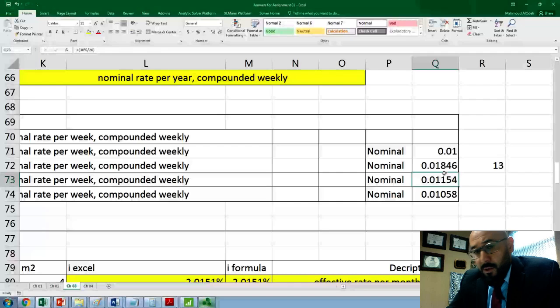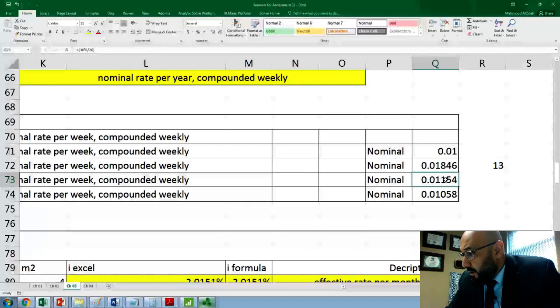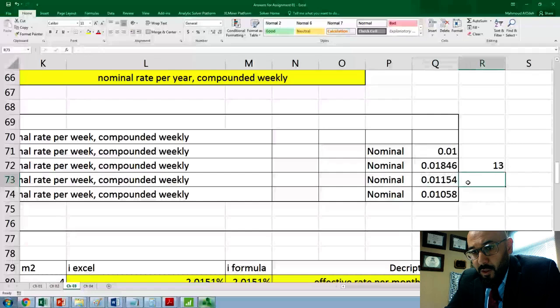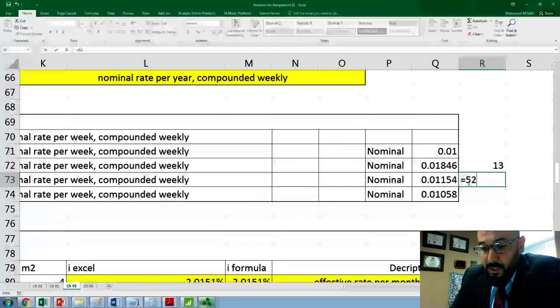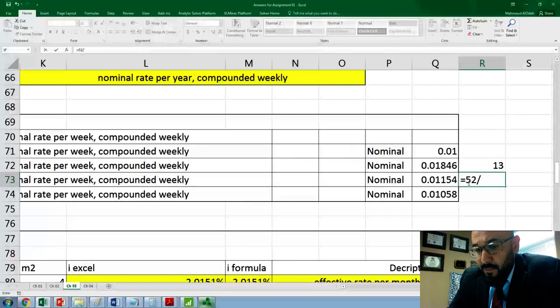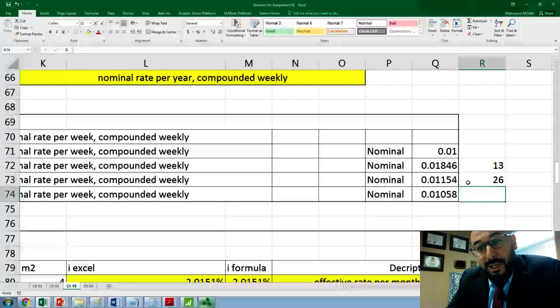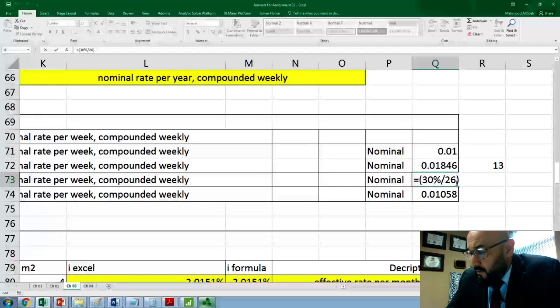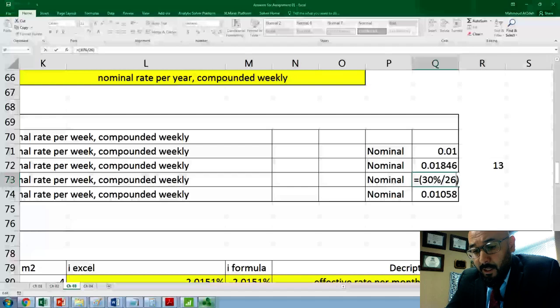0.01846. Now part D, nominal rate of 30% per semi-annual, and we know that there are 52 weeks in 1 year, so divide that by 2. That would give you 26 weeks per semi-annual, so you divide 30% by 26.